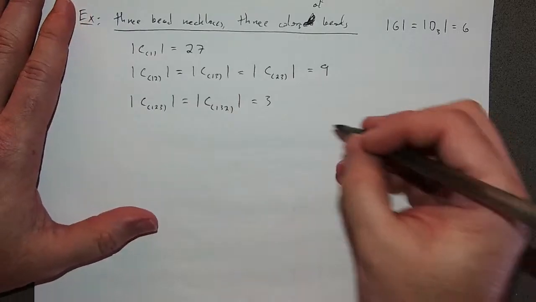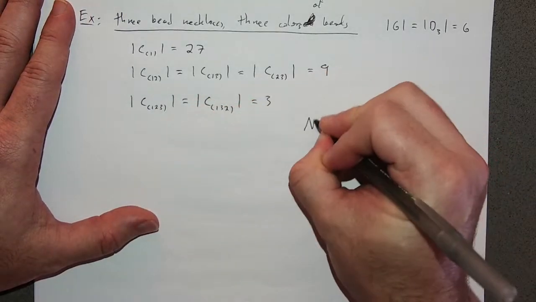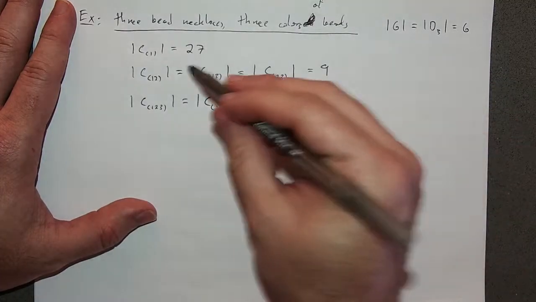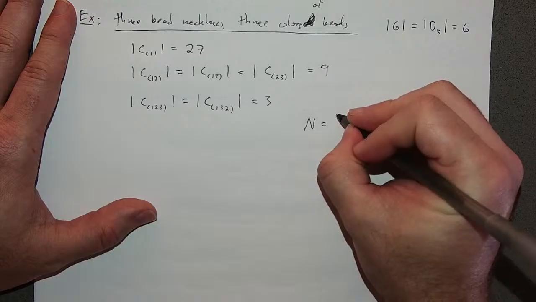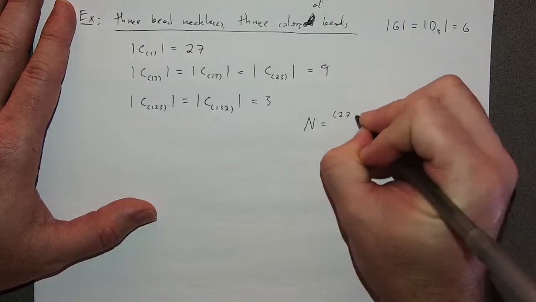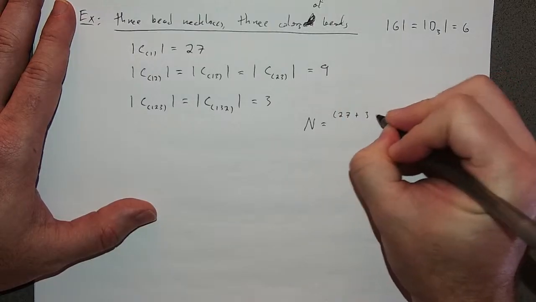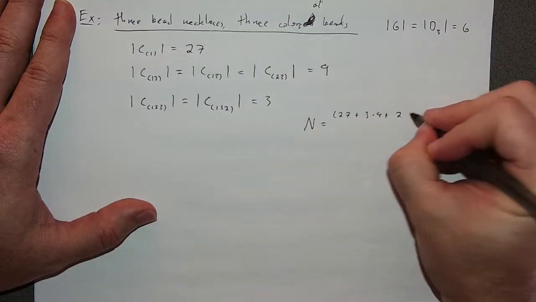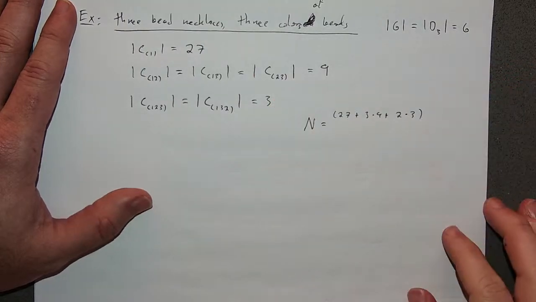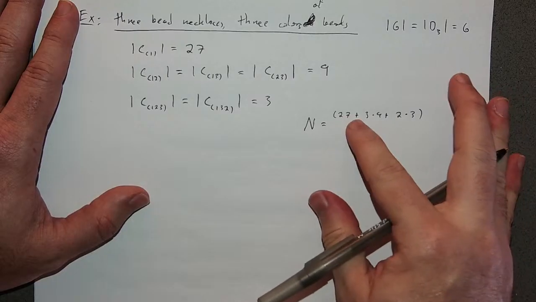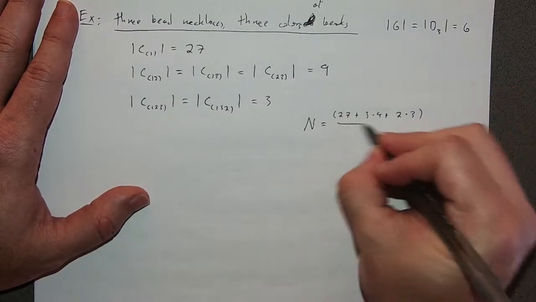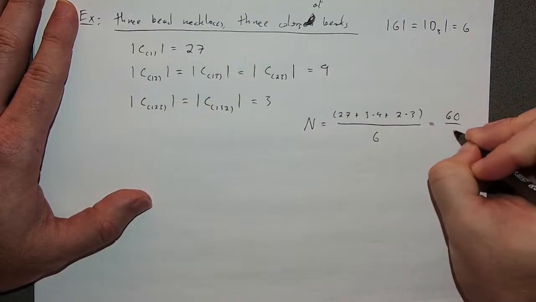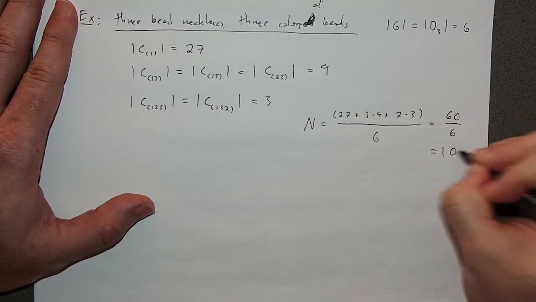Okay, thus, by Burnside's, n is, we're going to do the same thing here, so this would be 27 plus 3 times 9 plus 2 times 3, which is 27 plus 27, that's 54 plus 6 is 60 over the size of the group, which is 6, so this is 60 over 6, which is 10.